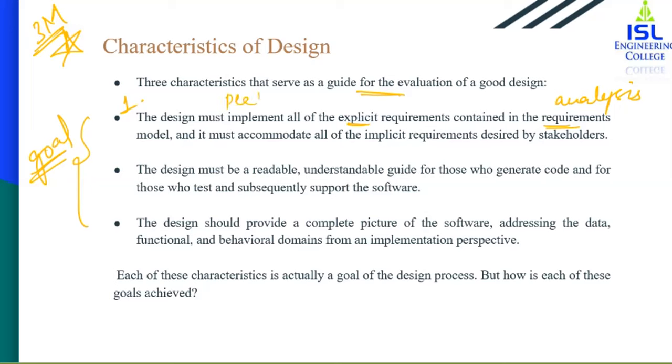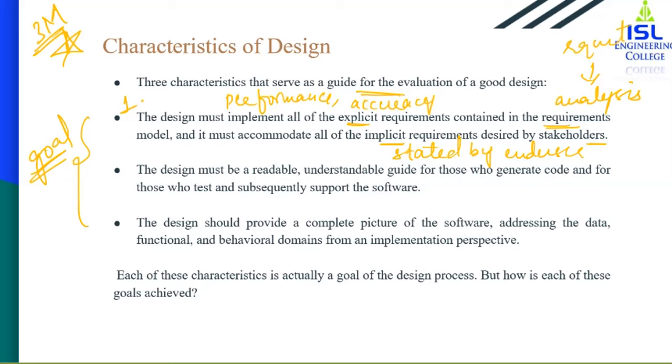All of these things need to be implemented that were there within the analysis model, because this analysis model is going to have all the requirements that were stated by the end user, and it must accommodate all the implicit requirements that are desired by the stakeholders. Now it is going to have both types.